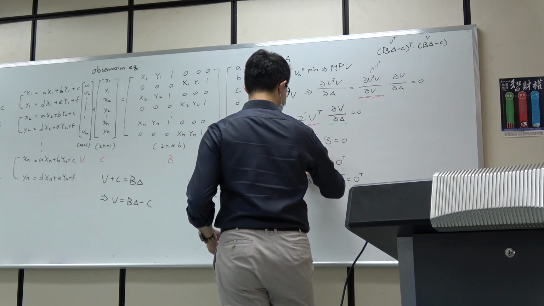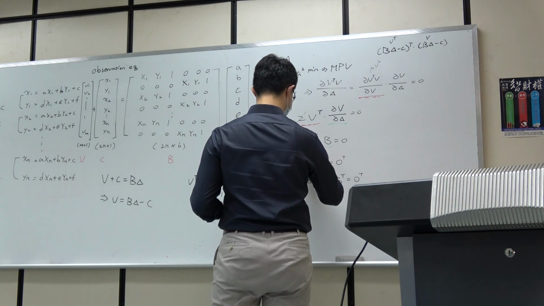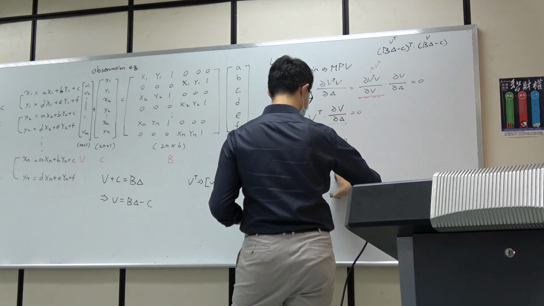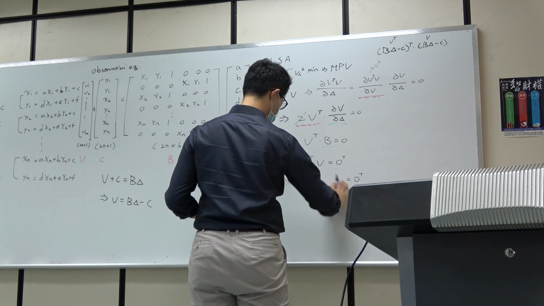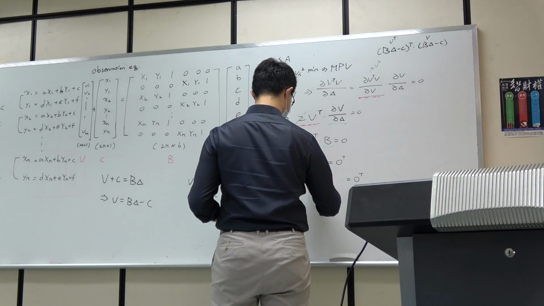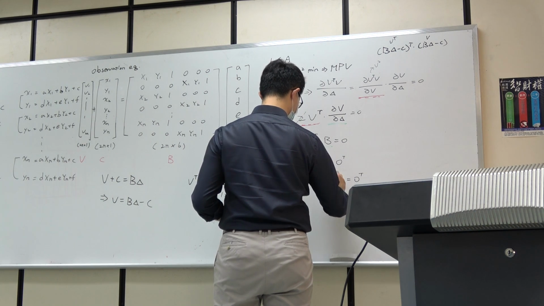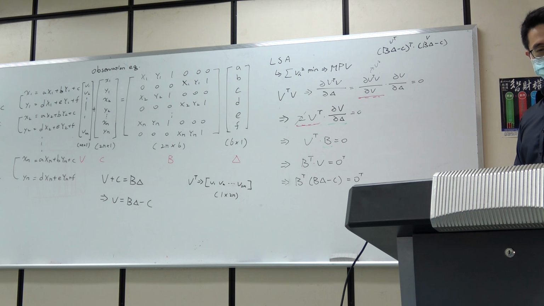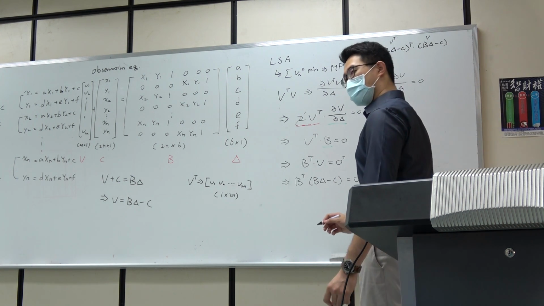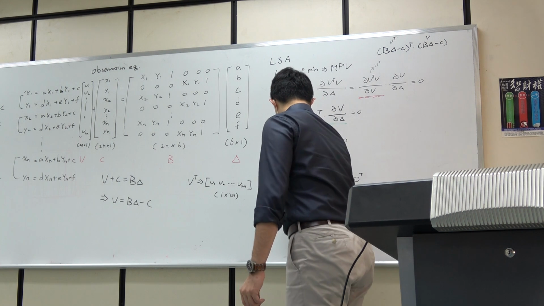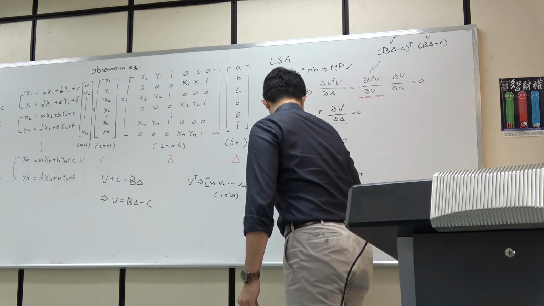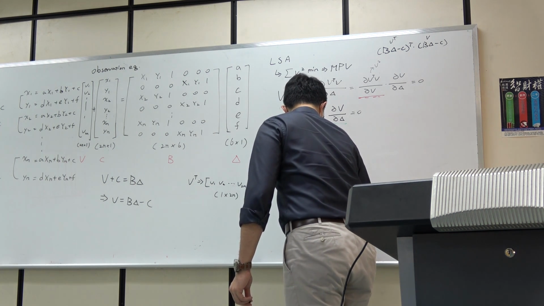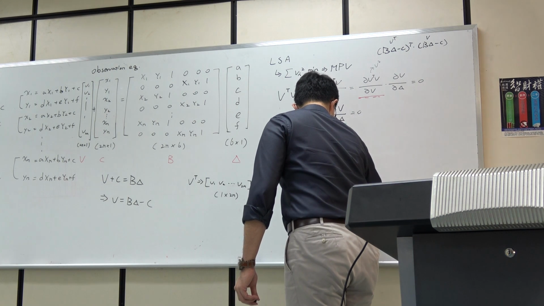So it should be b transpose, b transpose b delta minus c. Right, it should be like this. And then the next thing is, you can see it will be b transpose b delta equals b transpose c.